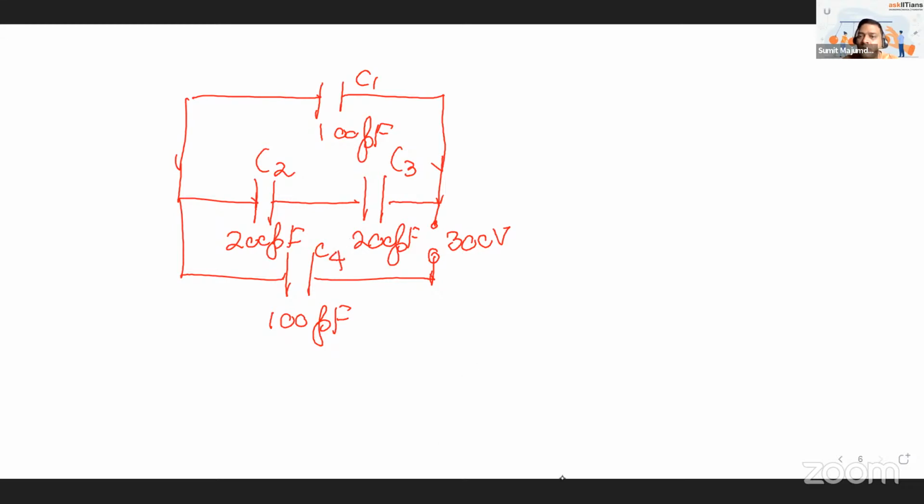Okay. So we have got this. Now using this, let us try to figure out what exactly is the net capacitance. Let's see how it works.